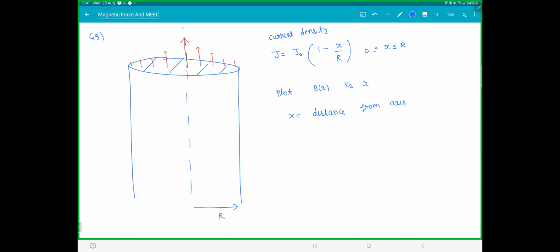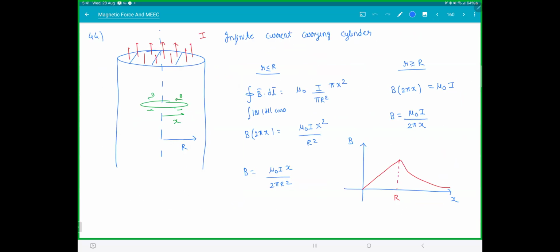Let's give it a try. How to do this? Same thing we did for the solid one. At a distance x, take an Ampere loop.